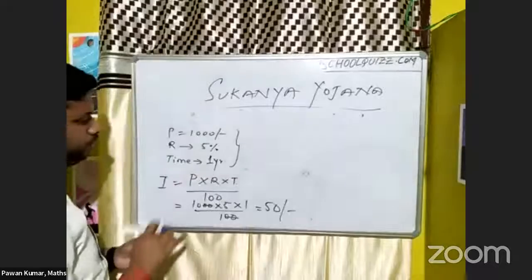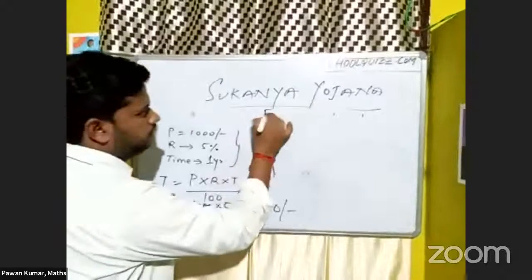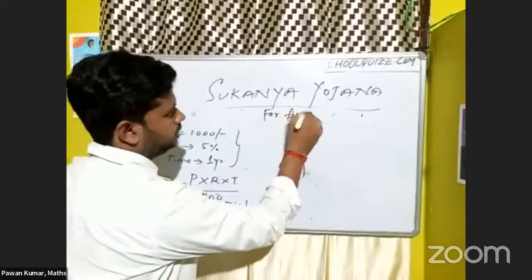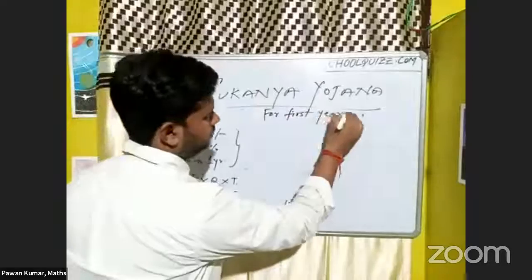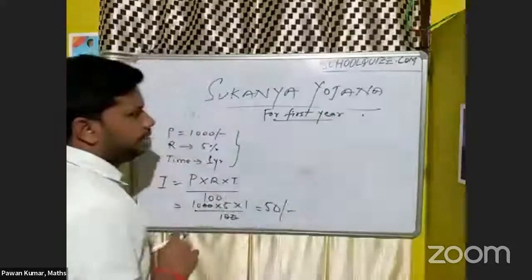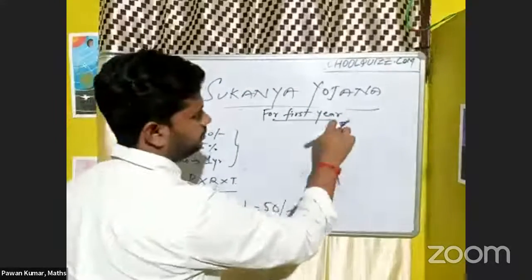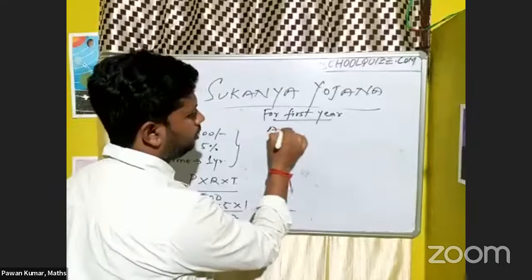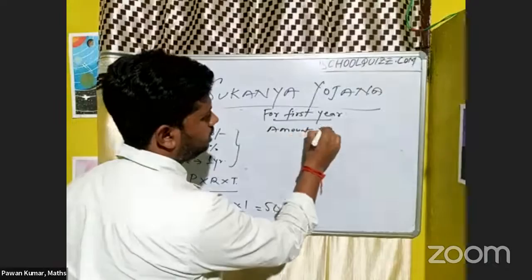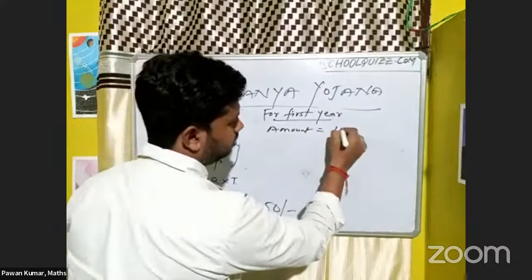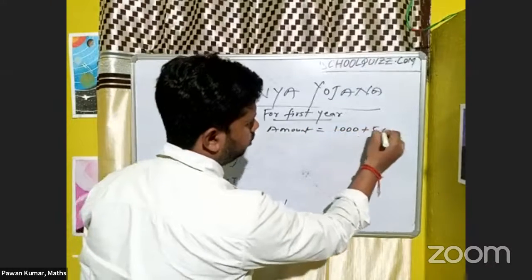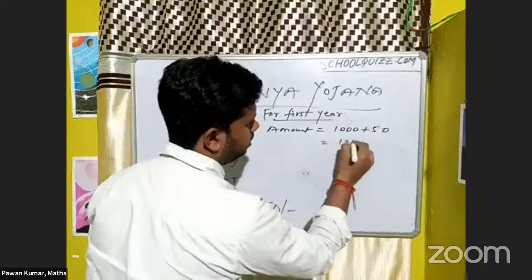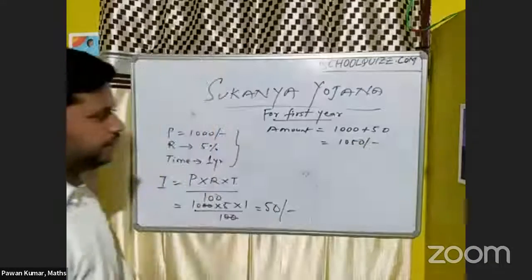Suppose for the first year, let it be A, the total amount you have to pay to that person is nothing but 1000 plus 50 rupees, and that is 1050.